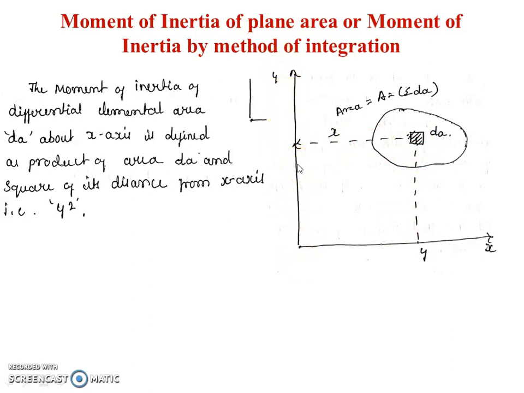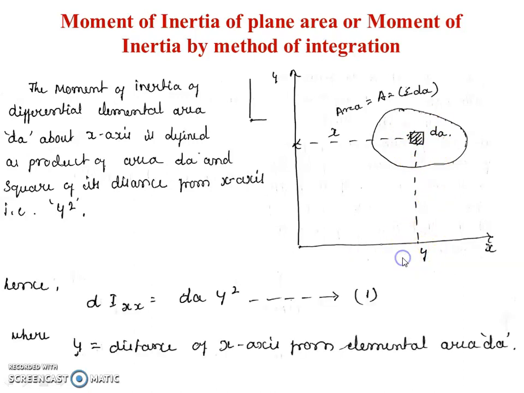From the definition of moment of inertia, if I want the moment of inertia of the small element area dA with respect to the x-axis, then it is this small element area multiplied by the square of this distance, that is y square. dA into y square gives me the moment of inertia of the small element area with respect to the x-axis.